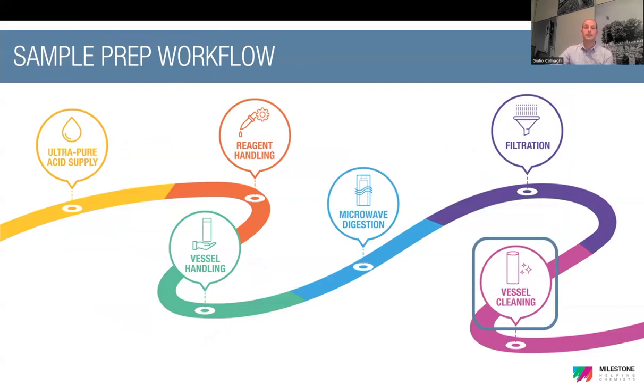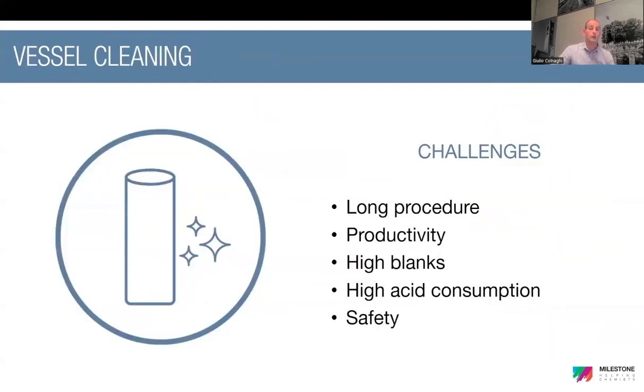The last step that can be optimized is the vessel cleaning. And also here we have different options. When we consider this step, we need to consider that it is a tedious procedure and takes a lot of time. Often it is done in an acid bath or through a microwave digestion or extraction system. But it's key to consider that when you use the microwave unit to perform your cleaning cycles, you dramatically reduce the productivity.